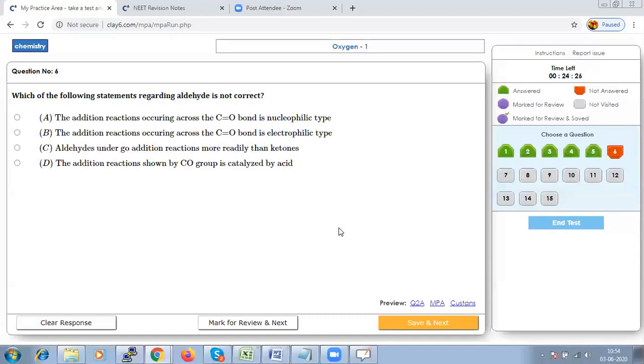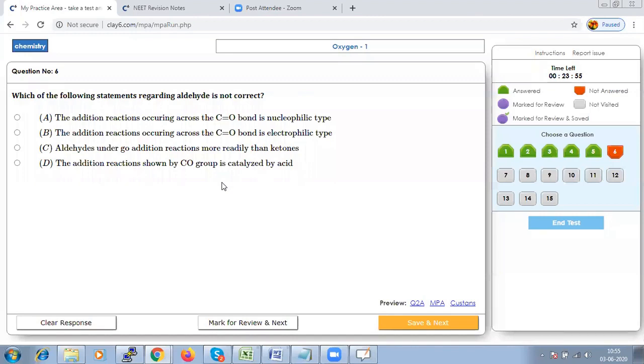The third option says aldehyde undergoes addition reaction more readily than ketone. And the fourth option. So when we are having questions of this type, that which is right and which is wrong, we should always focus that omitting the option will be the best method of attempting the test.